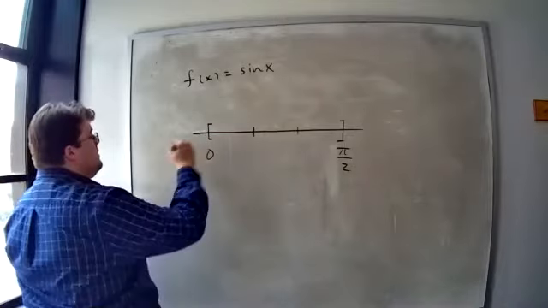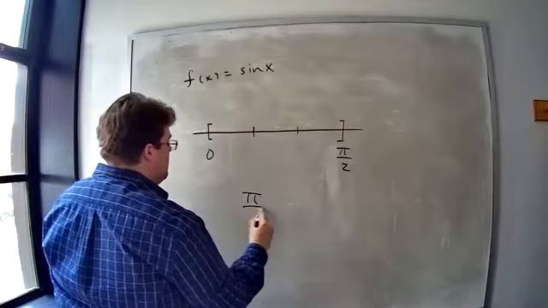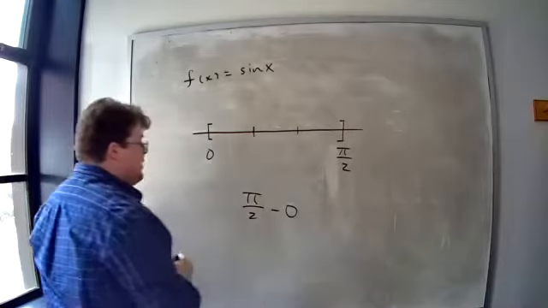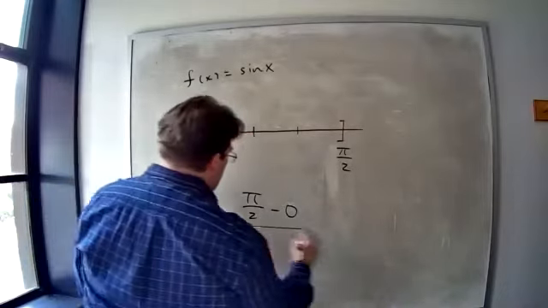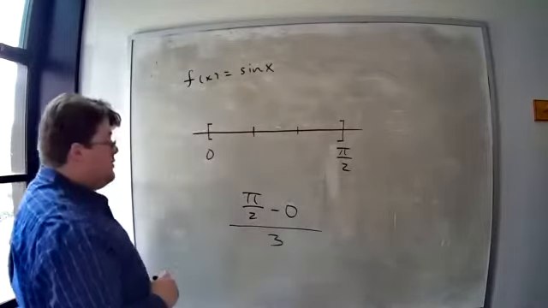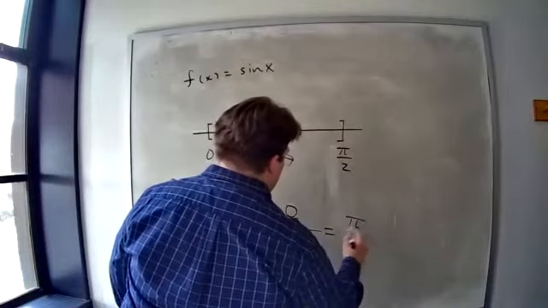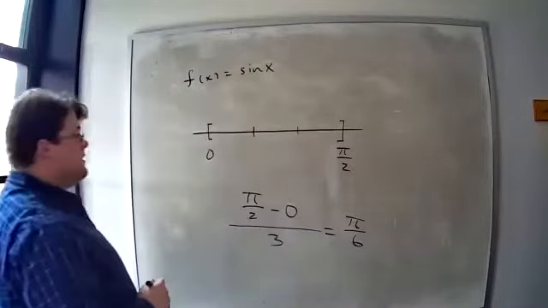How are we going to find these endpoints? Well, the length of this interval, pi over 2 minus 0, is pi over 2. We're dividing that into 3 pieces. Divide that by 3, and you get pi over 6.